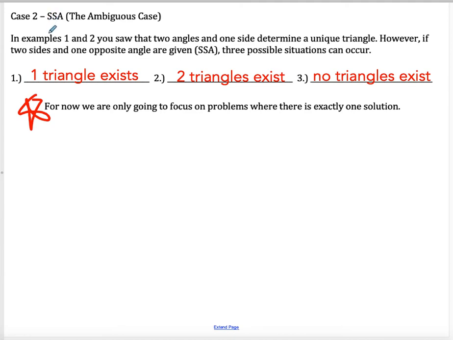Because of the fact that the smallest 2 sides have to be bigger than the third, there is a chance that there might be no triangle that exists. There could be one triangle that exists if the first angle is acute that we're working with. But if an angle is obtuse in that triangle, there's 2 that could exist.